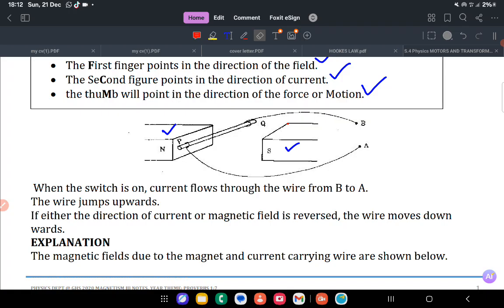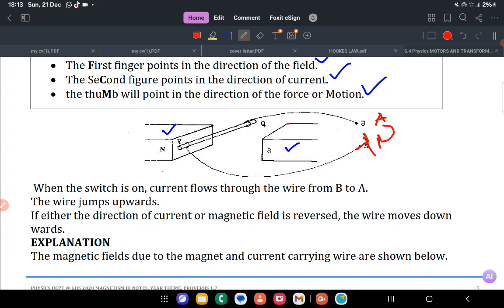So when we close the switch, when the switch is on, current flows through the wire AB. The wire here is this one here. And by the way, this must be connected to a source of power, a cell.